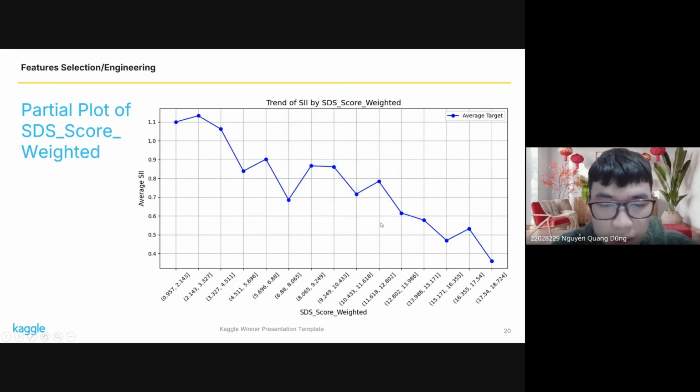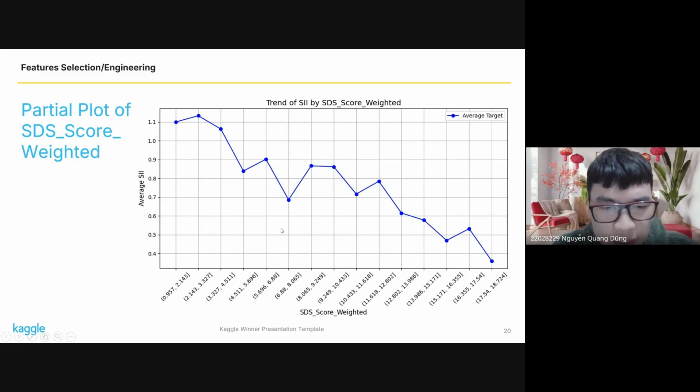I know these two features are supposed to be positively correlated, meaning we would expect an increasing trend where higher SDS scores correspond to higher SII values.